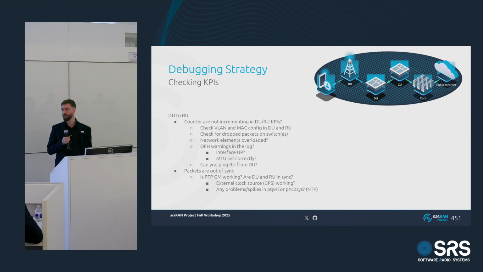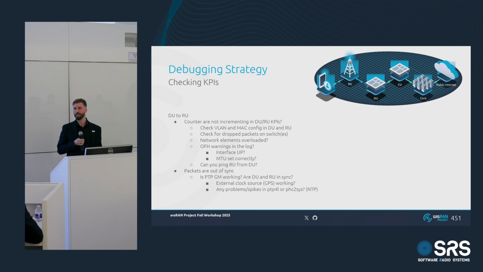It could be that the switch is configured badly and drops packets. If you don't use DPDK, maybe the interface is not up or the MTU settings are not correct. That's why I'm saying use DPDK from the beginning. It makes things easier. Or in some situations, your switches are just overloaded.